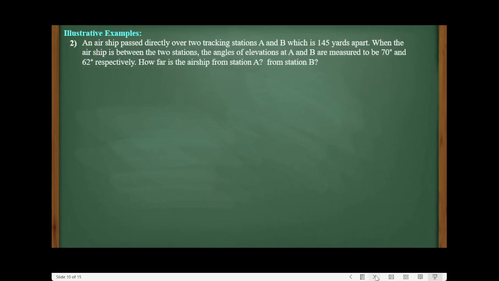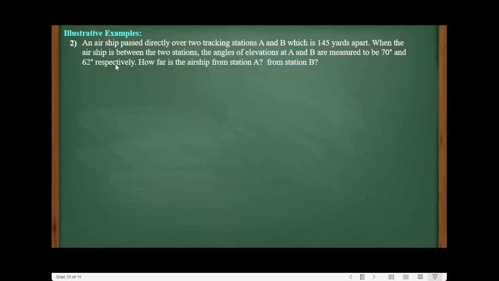Now, let us proceed immediately to the next example. This time, we are going to solve a problem which is again related to solving an oblique triangle under case number 1. Now let us read the problem. An airship passed directly over two tracking stations A and B, which are 145 yards apart.